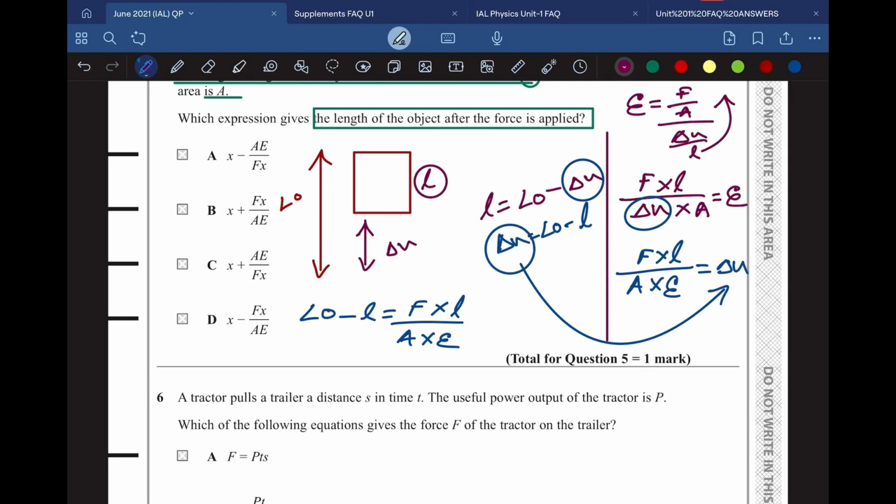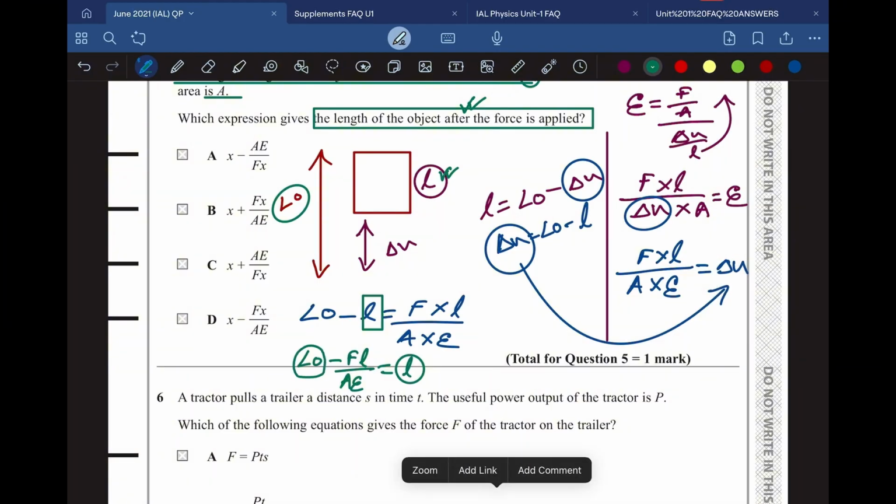And now we will have to make this L the subject. So if we make this L the subject, it becomes L naught minus FL divided by AE is equals to L, right? And this L is the length of the object after the force is applied, this L. And this was our L naught, which was the original length.